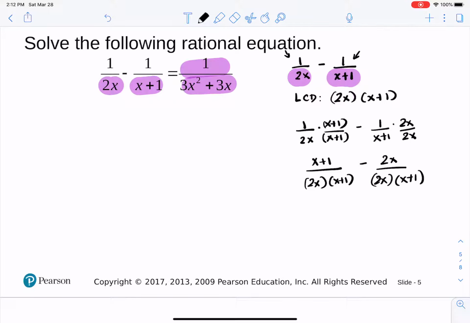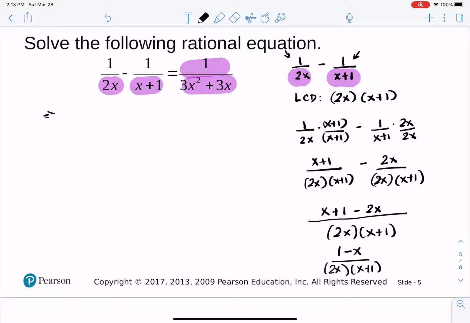We have a common denominator, so we combine the numerators, x plus 1 minus 2x. X minus 2x is minus x, so we get 1 minus x over 2x times x plus 1. So I have successfully combined the two terms on the left-hand side.